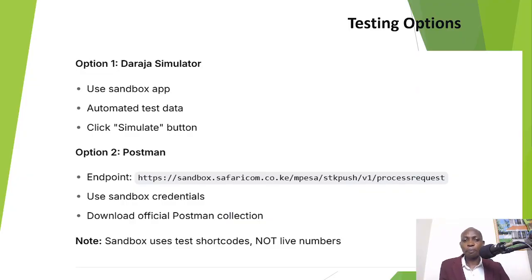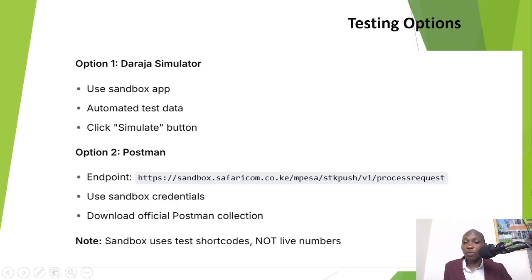Testing options. So we have these testing options. Option 1 is the Daraja Simulator. You go to Daraja. If you are on Sandbox, you locate the simulator, you put the necessary data and you simulate. The other option is using Postman. You download the M-PESA collection, or you just make an API call to the STK Push URL.